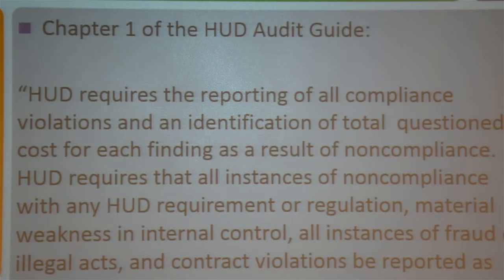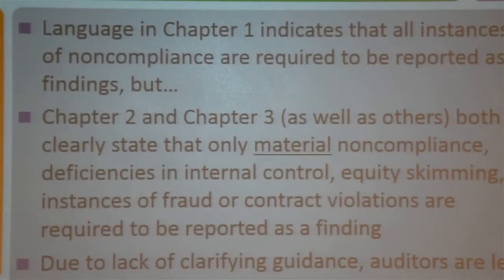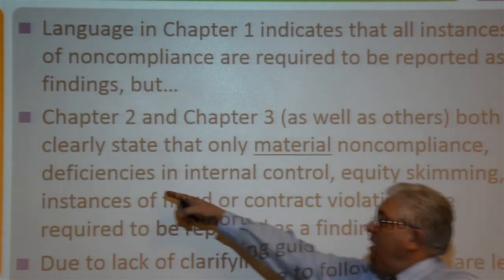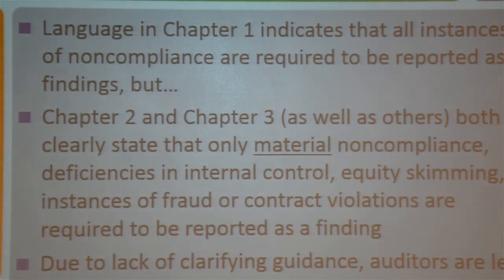So I go to Chapters 2 and 3, and they tell me material noncompliance, and then they say deficiencies in internal control, equity skimming, instances of fraud or contract violations are to be reported as findings. And I say, okay, that's great, except that's not true. We're not required to report all deficiencies in internal control. So really what the end result is, for most of us, we're reporting all instances of fraud, material noncompliance, material weaknesses in internal control, and generally most significant deficiencies.